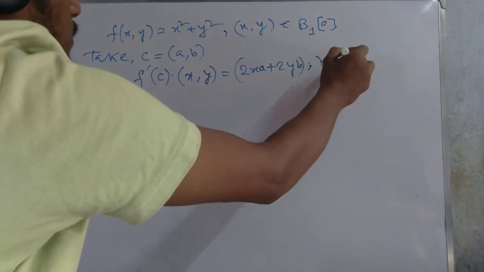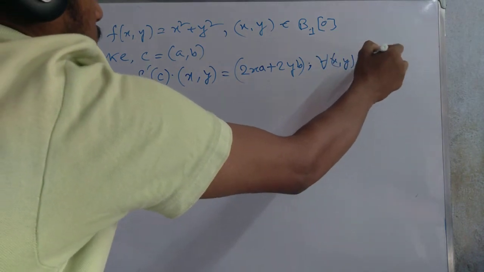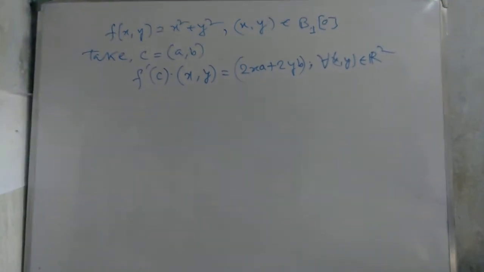Okay, in this way, 2ax plus 2by for all (x, y) belongs to R^2. Then how is this formed?